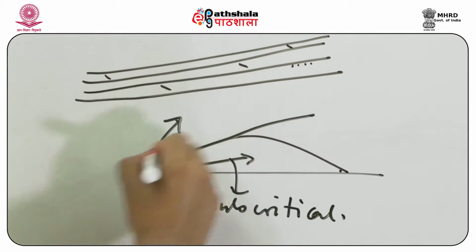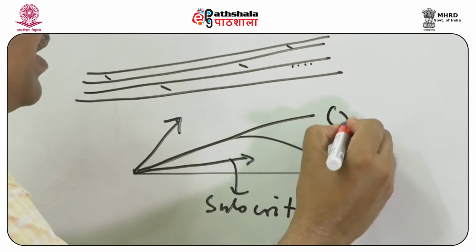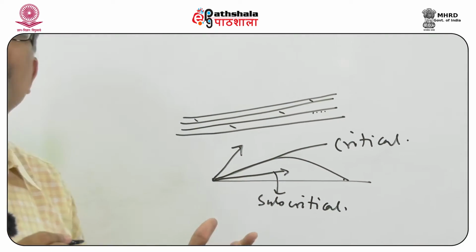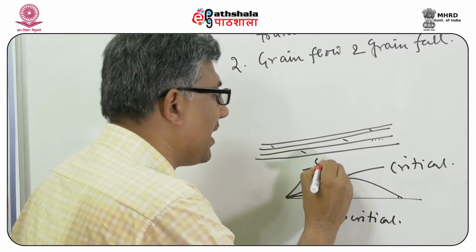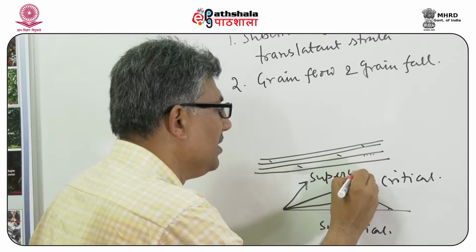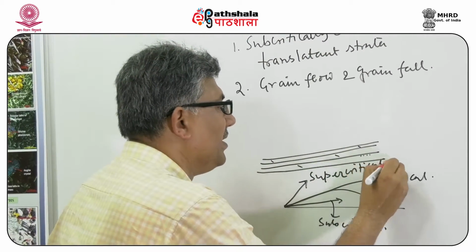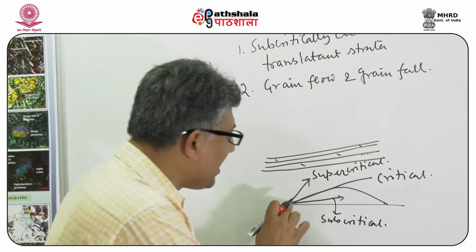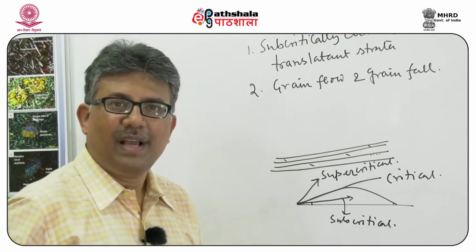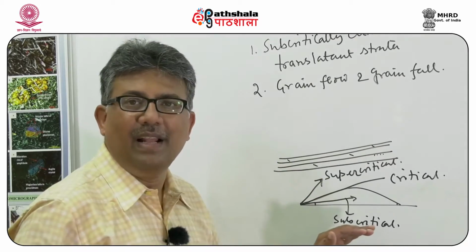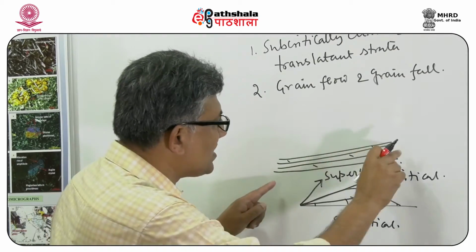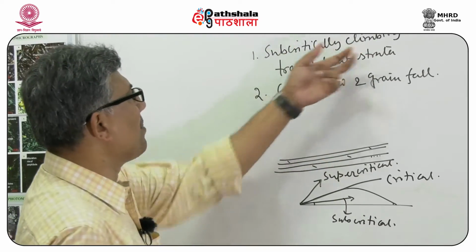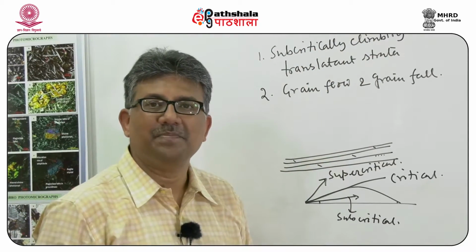When the climbing is along the Stoss angle, you call it critical climbing, and when the climbing is more than the Stoss angle, then you call it supercritical climbing. In the case of the Aeolian system, what we get is climbing at a very low angle, less than the Stoss angle, and that is why you get a very low gradient strata, which we call the subcritically climbing translatent strata.